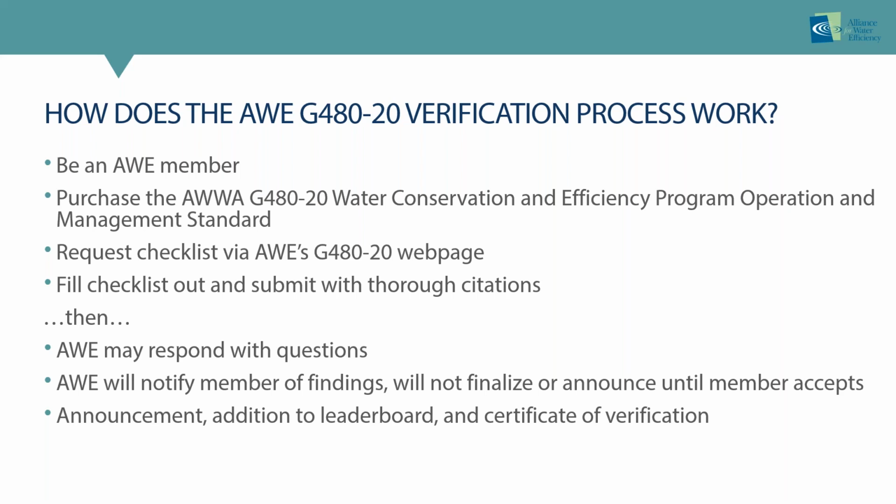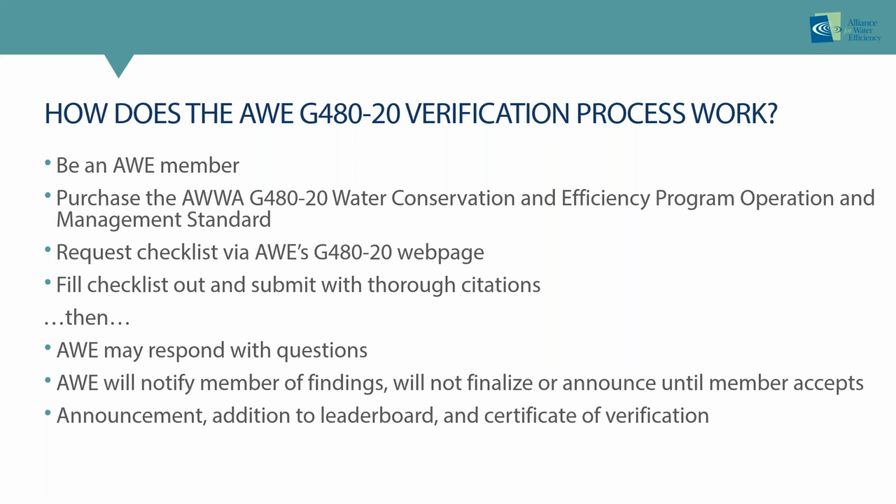And then we will notify members of findings, and we will not finalize or announce until members have cleared and accepted our findings. So one final note is that, like we just said, AWWA will not announce the findings without agreement and consent.